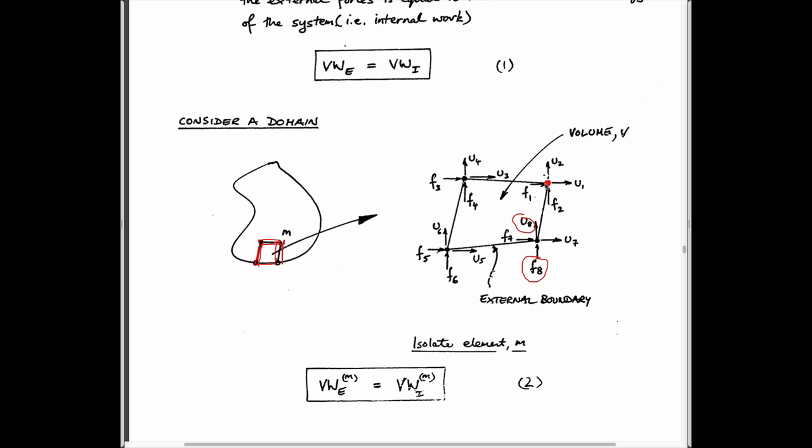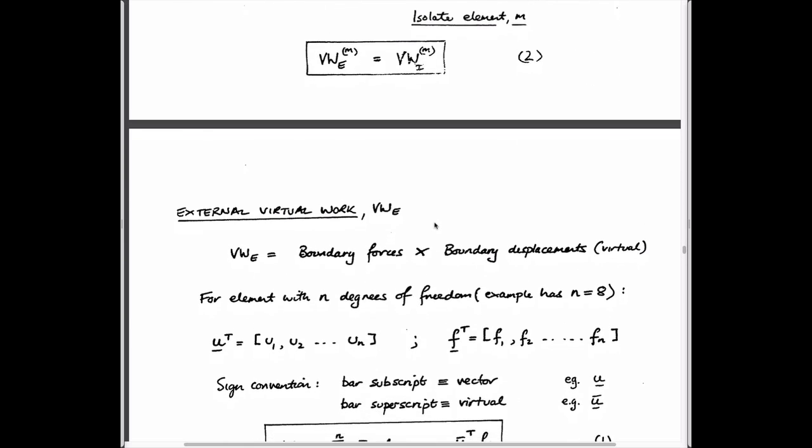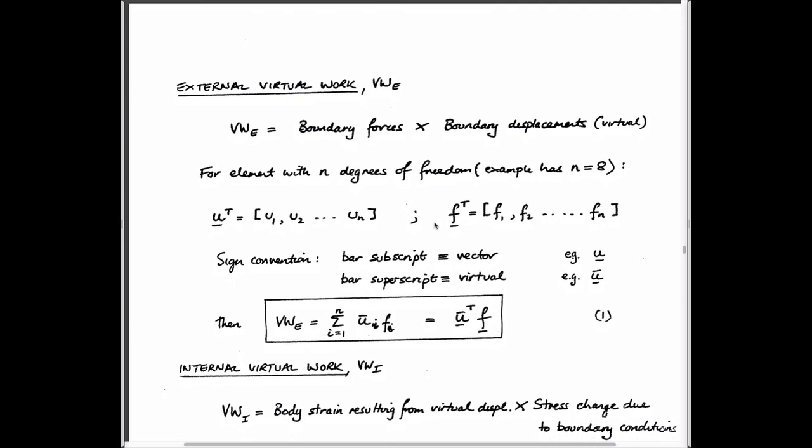So instead of calling this node number 1 with ux and uy, node number 2 with ux and uy, we just sequentially and counterclockwise number the degrees of freedom. This 1, 2, 3, 4, 5, 6, etc. That's just a convention, but it's a convention that works well for us.